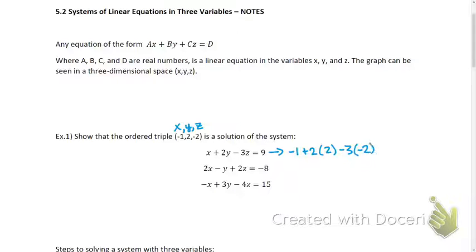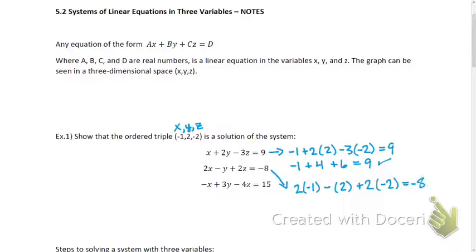It's very easy to mess this up, so take it slow. And that's enough work for me. 10 minus 1 is 9. Let's check the second equation. And those look like they all add to negative 8.